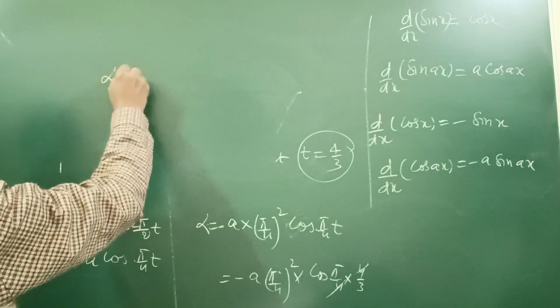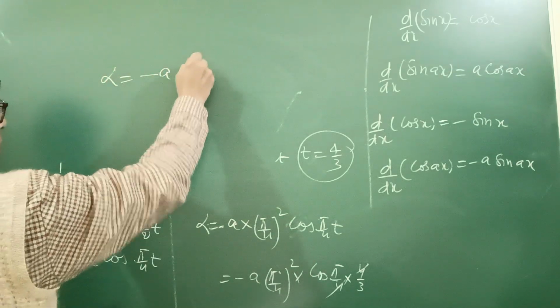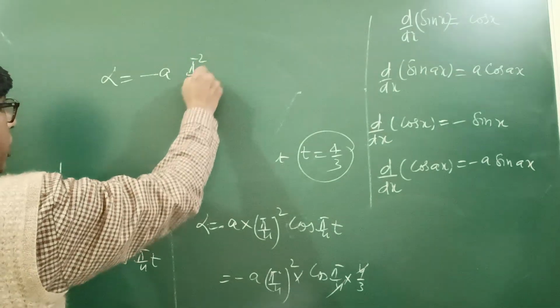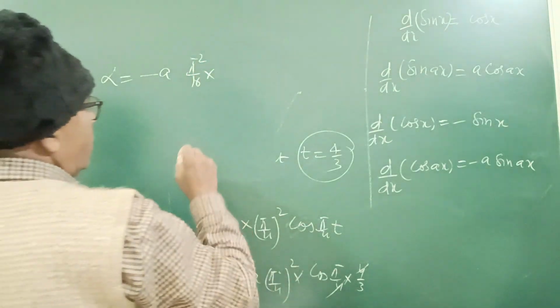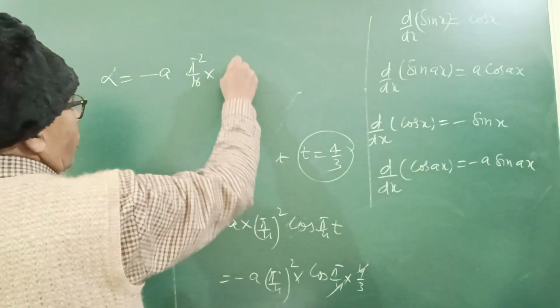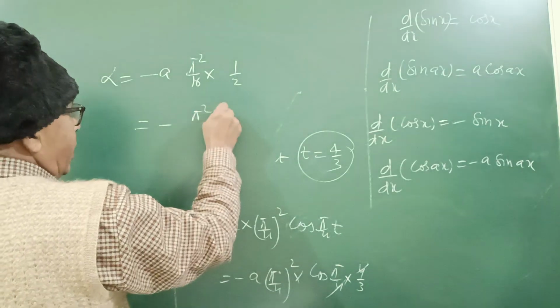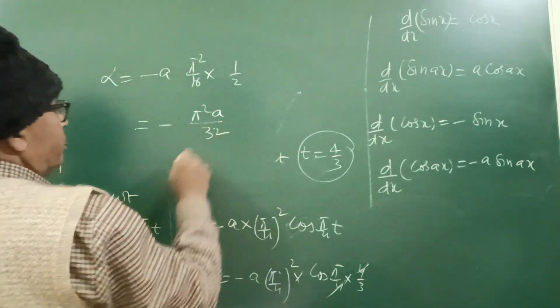So acceleration alpha is equal to minus a pi square upon 16 into cos 60, which is 1 by 2. So it is minus pi square a upon 32.